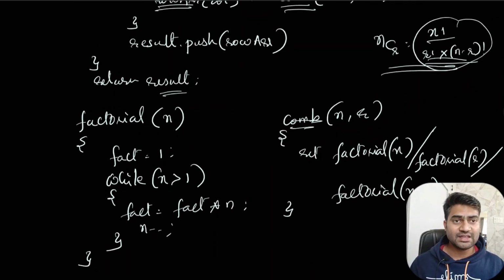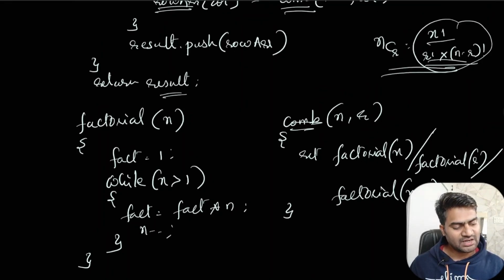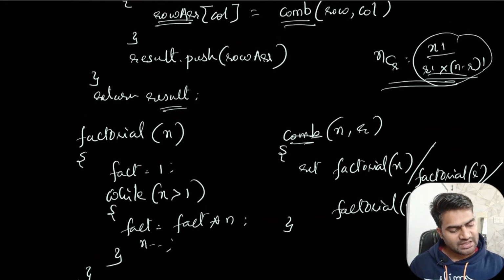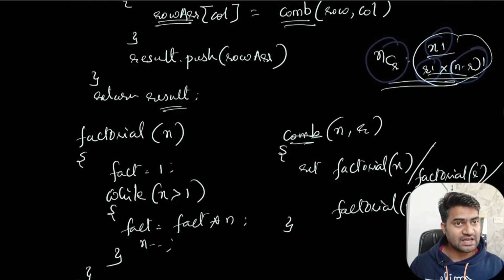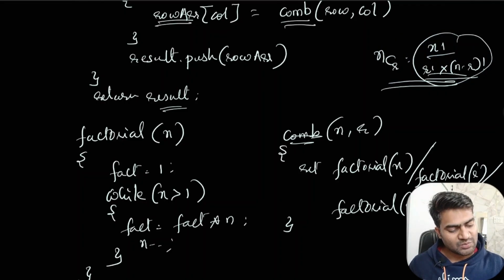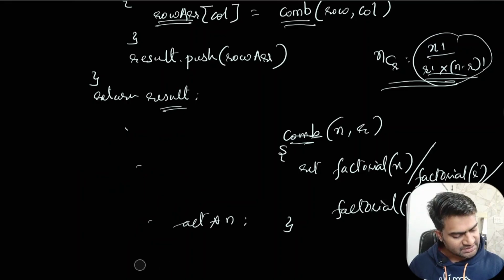So this is the very extreme naive way. So here normally, it will find n factorial, it will find r factorial, it will find n minus r factorial, correct, right? So is it an efficient way? No, right? So this is not very efficient. So one more thing we can do is, I will simply remove these things.